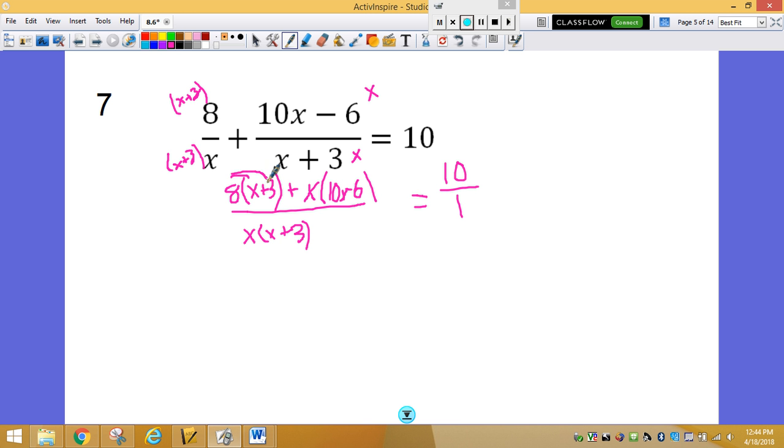So I get 8x plus 24. I'm going to distribute and distribute. So x times 10x is 10x squared. X times negative 6 is negative 6x. And I'm just going to leave the bottom as x, parentheses x plus 3.